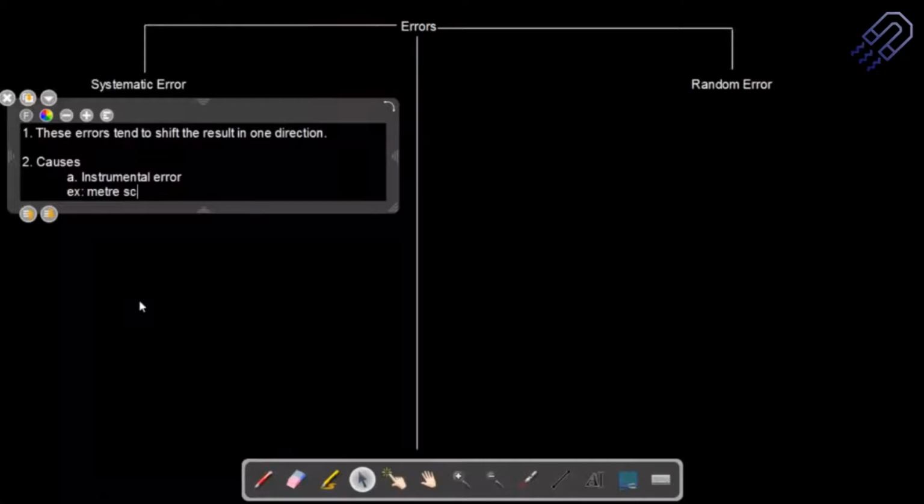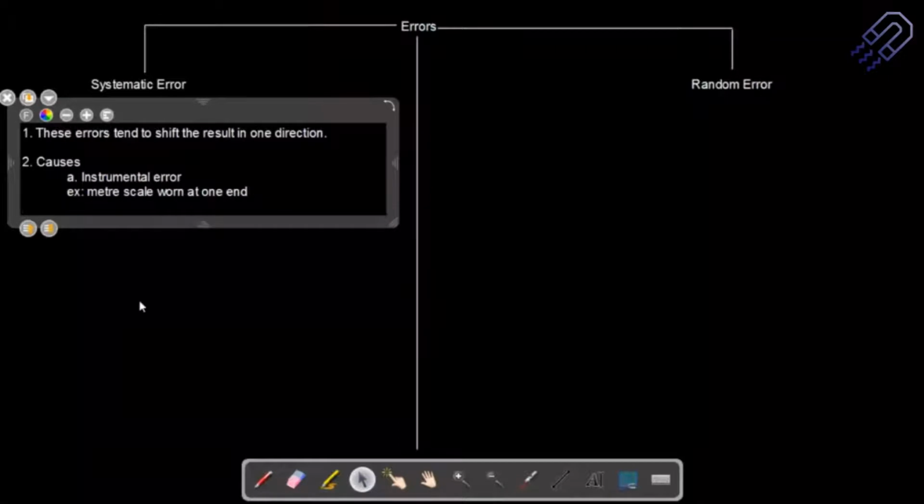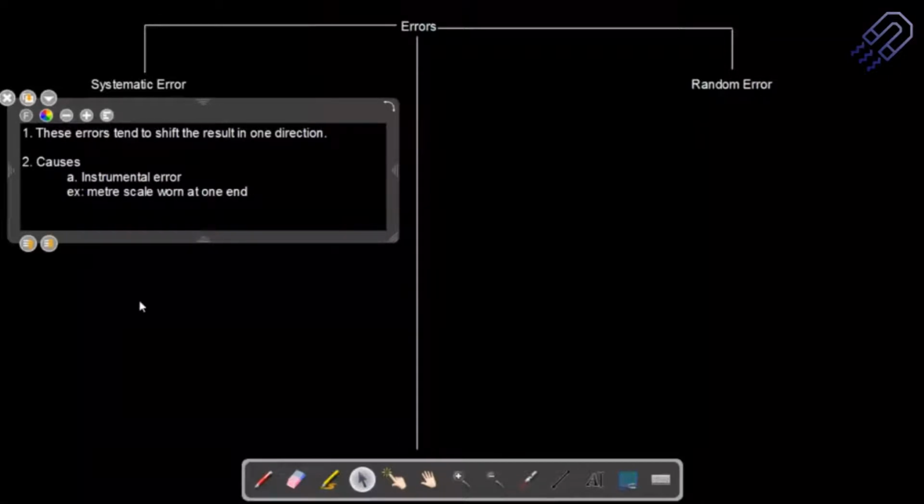Okay, so meter scale error, or meter scale worn at one end. Okay, worn at one end, so that's an instrumental error. Okay, so one more is imperfection.